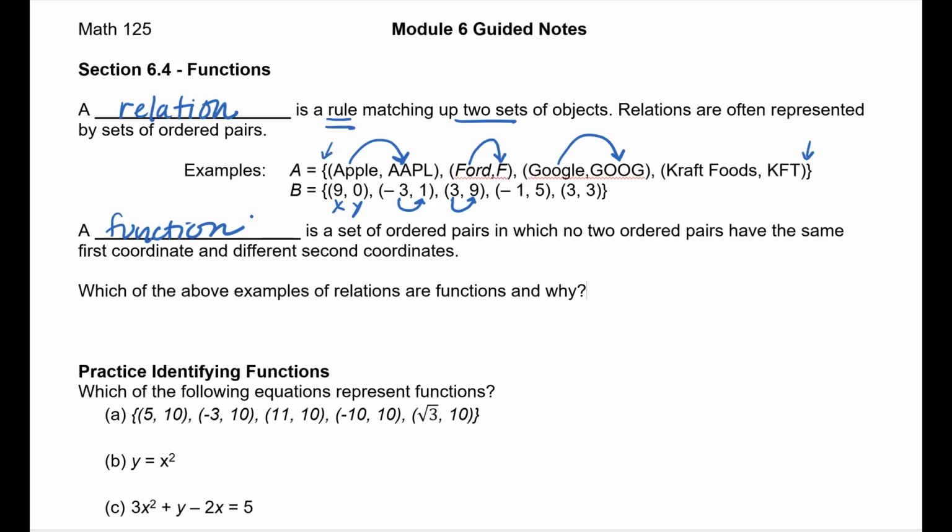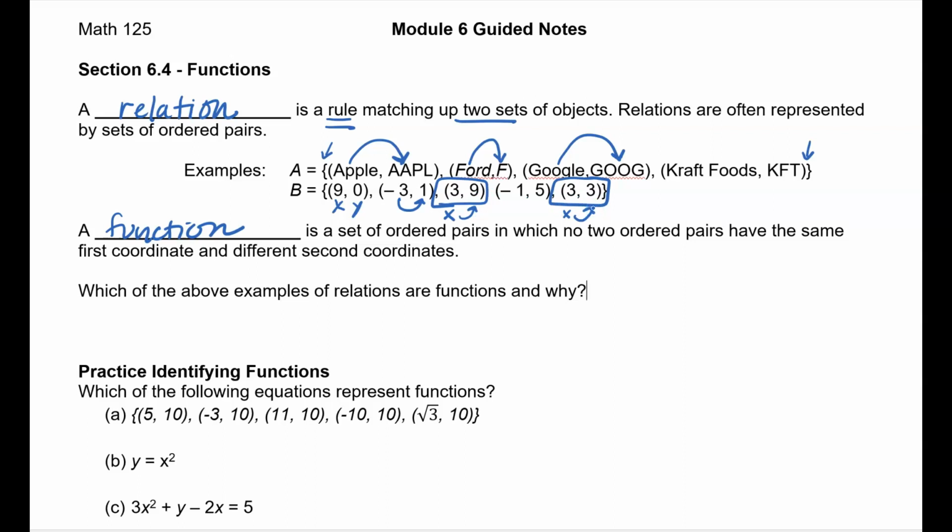So a function is when you have a set of ordered pairs, kind of like set B here, but where no two ordered pairs have the same first coordinate and different second coordinate. So for example, if we come up here and we look at this one, (3, 9) and (3, 3). The X coordinate 3 goes with 9, which is a Y coordinate, and the X coordinate 3 here goes with 3, a different number.